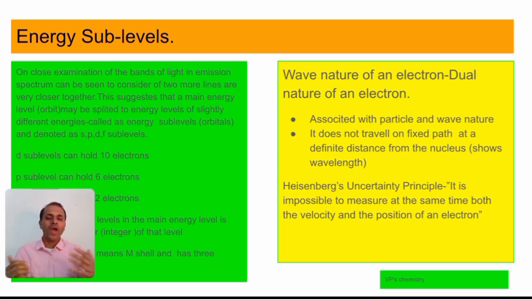According to the Heisenberg uncertainty principle, it is impossible to measure at the same time both the velocity and the position of an electron. That concept brings the idea of the dual nature of the electron.